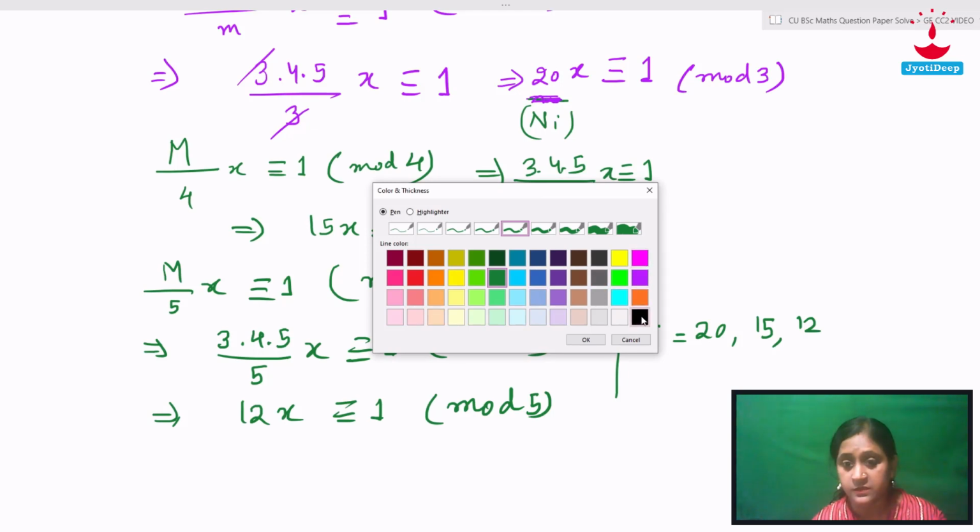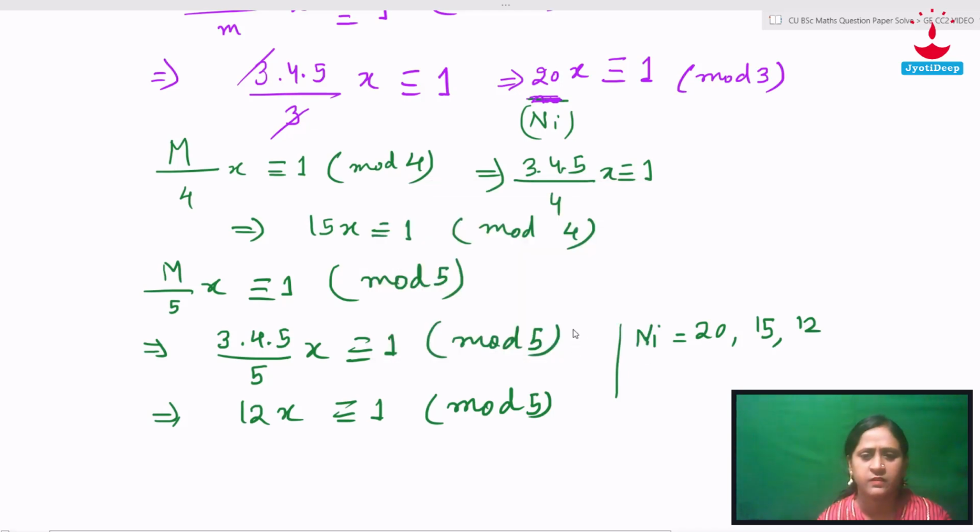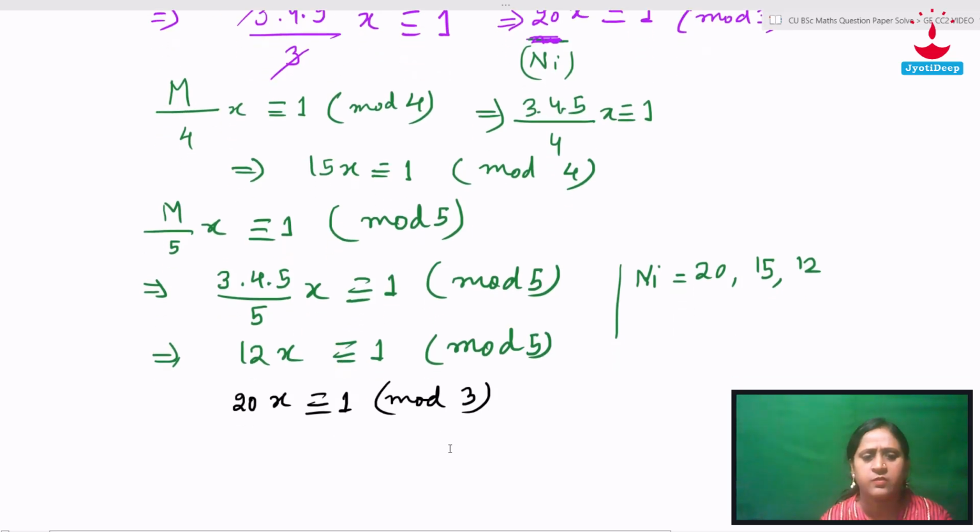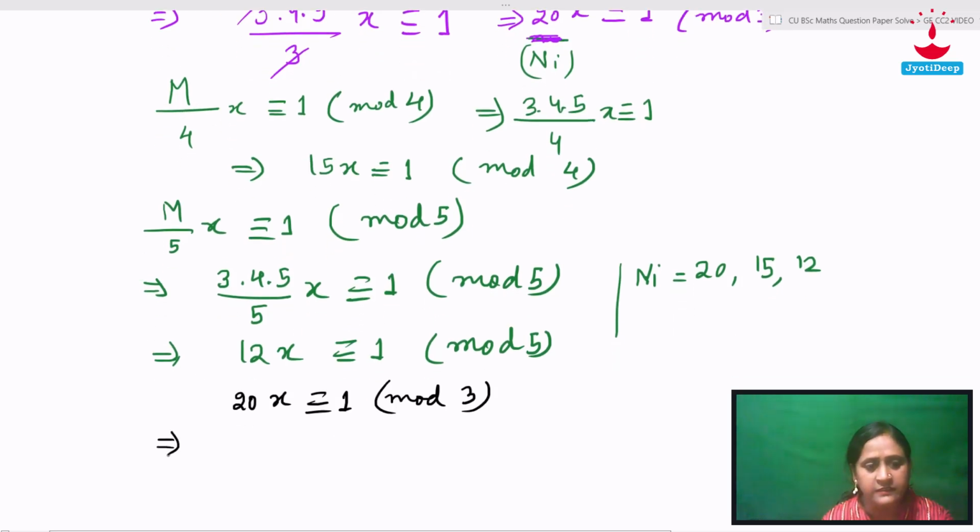Changing the color for consequent. Okay, so here 20x is congruent to 1 under mod 3. Now we are going to use the remainder theorem over here, again the congruence operation. We are going to divide 20 by 3. 3 sixes are 18, and we will get 2 as remainder.